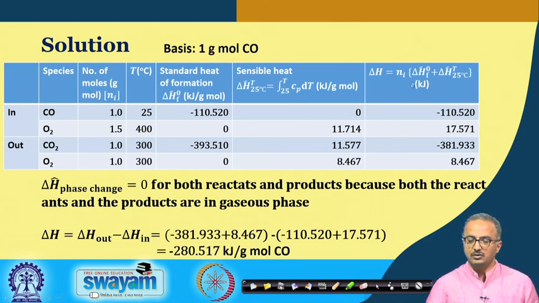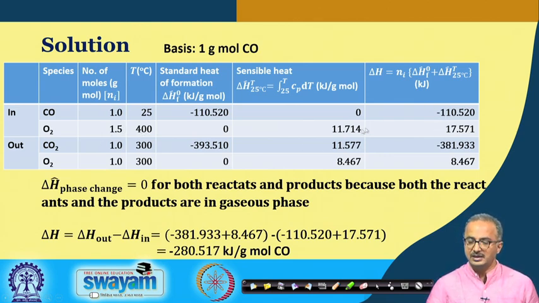We sum these two values and then multiply by the number of moles, so that we get the total change, because each of these values is given per unit mole. So, we multiply by the total number of moles to get the total change.